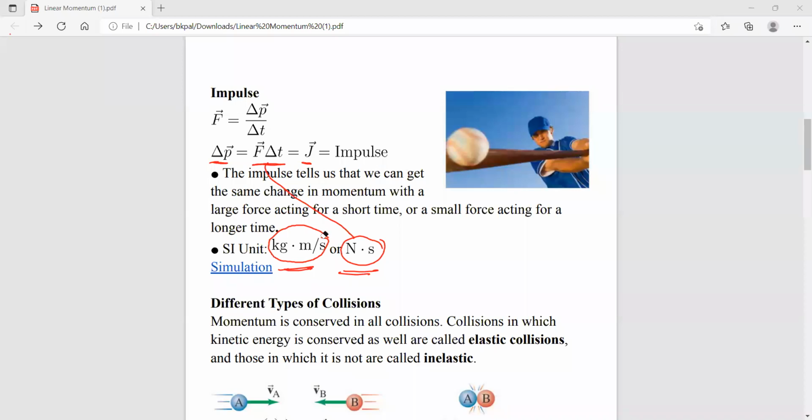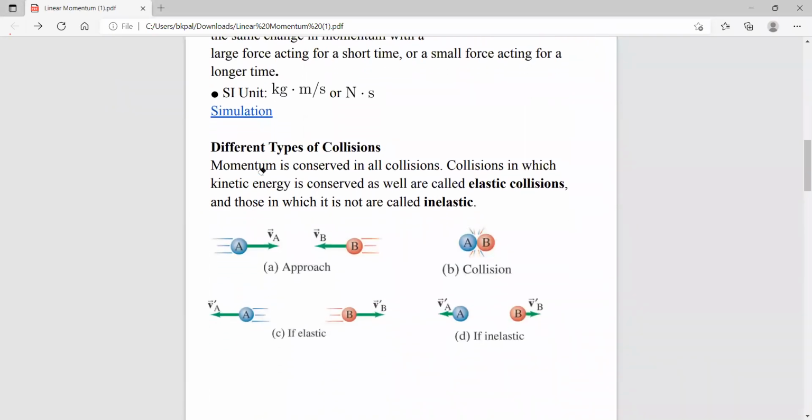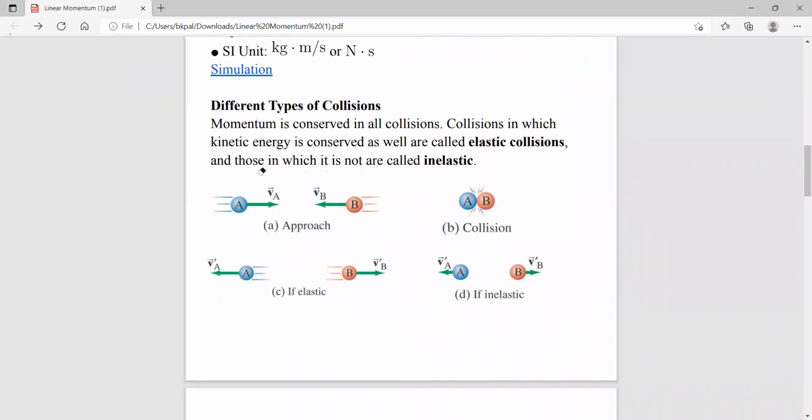Now a little more about the conservation of momentum. In the last slide we already saw that momentum is conserved in any collision. But there are different kinds of collision.